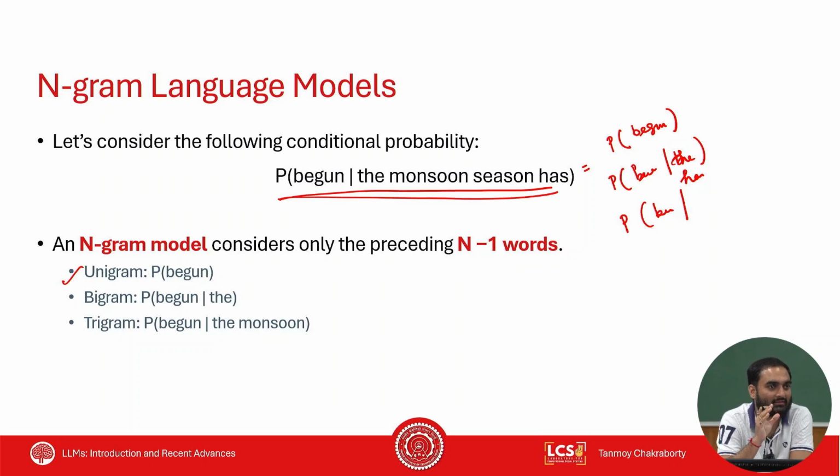So the unigram assumption says that all the words are independent of each other, right? But in English, and in all the other languages also, words are not independent at all, right? Now as you move from unigram to bigram to trigram to fourgram to fivegram, what actually happens is that you capture more context. More context means more grammar, better grammar, right?